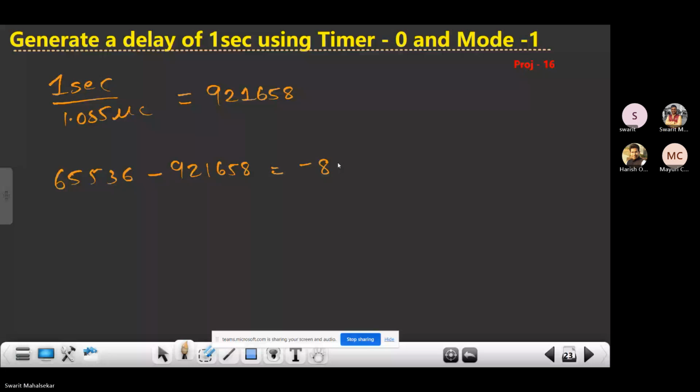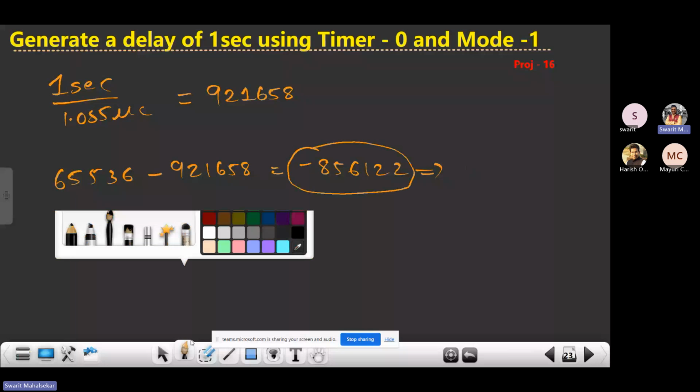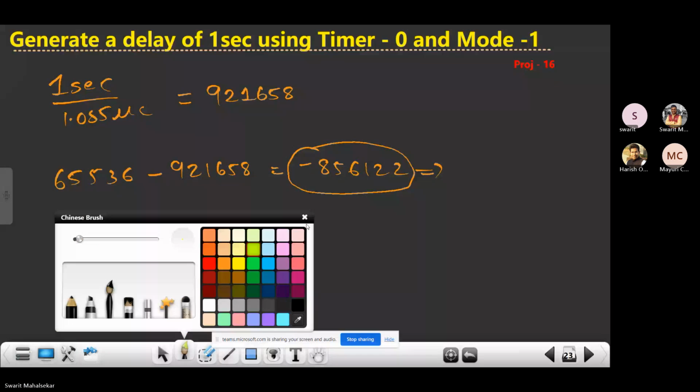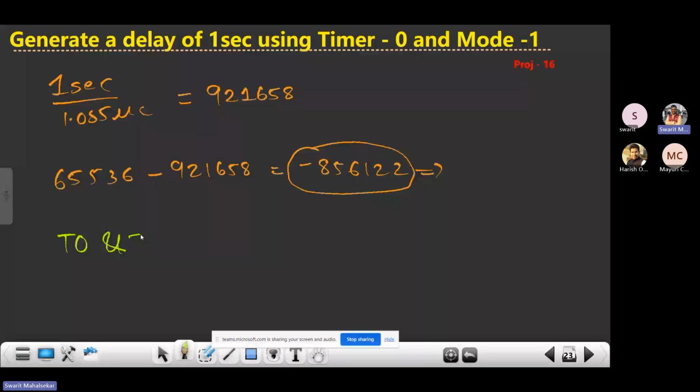But you see, this particular number is greater than 16 bits. If we try to convert its hexadecimal equivalent, it will be greater than 16 bits, and on top of that, this is a negative value. So what we can conclude is that timer 0 and timer 1 of the 8051, if we are using them for timer operation, can at max create a delay of 65 milliseconds only.